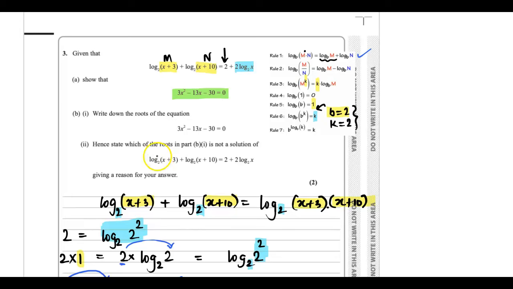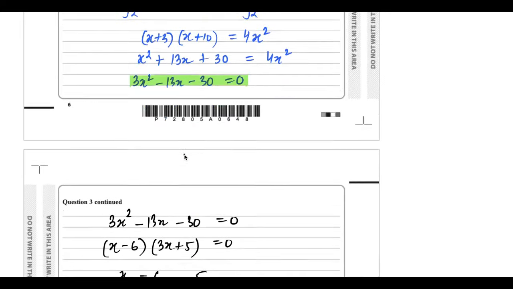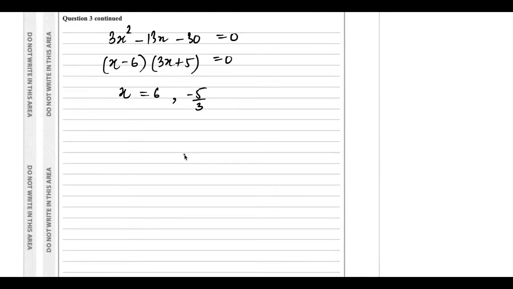Hence state which of the roots in part b(i) is not a solution for this particular equation. So this is the question we were having here. We have to check which of the 2 roots is not a solution.